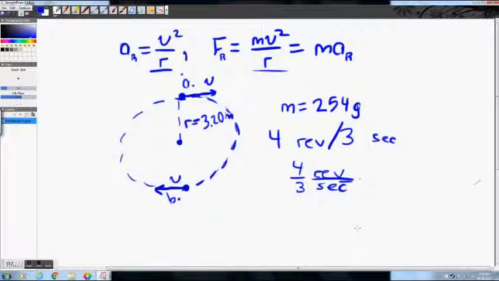So that is a frequency. We need a speed. So what we're going to do with that is use the reciprocal relationship between frequency and time. If there's 4/3 revolutions per second, then 3/4 seconds per revolution.